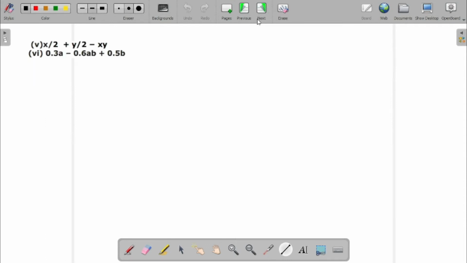Now we move to the next part, the fifth part. In the fifth part, this is the first term, x upon 2. This is a term. Then if we talk about the coefficient, this can be written as half into x.